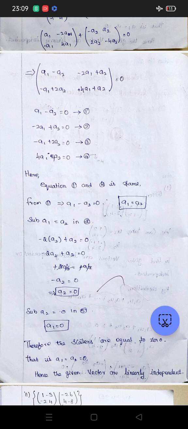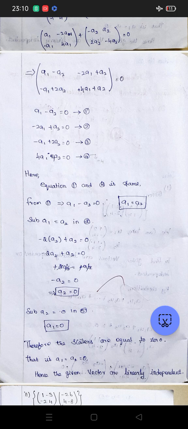From equation number 1, a1 is equal to a2. Substitute a1 equal to a2 in equation number 2. So 2 times a2 plus a2 is equal to 0, so 3a2 is equal to 0. So a2 is equal to 0, and substituting a2 equal to 0 in equation number 1, a1 is equal to 0.